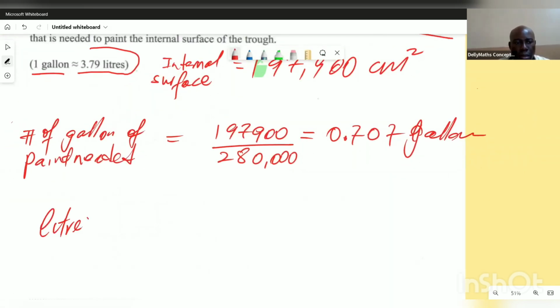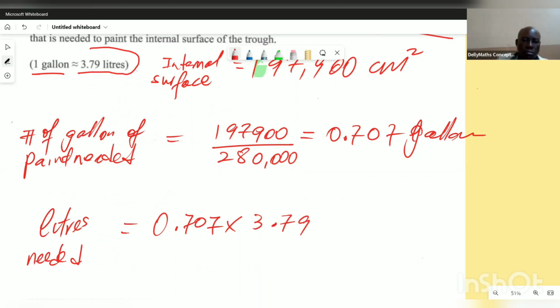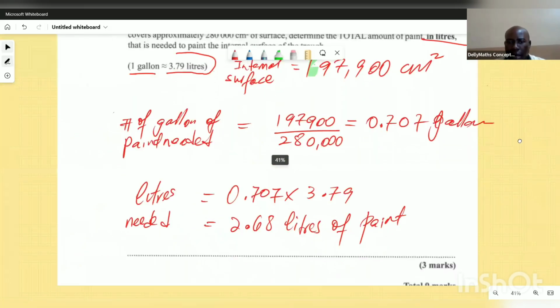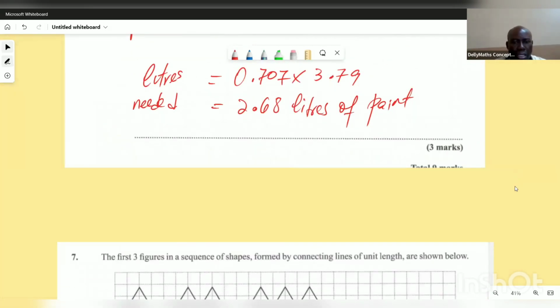The liters needed is equal to 0.707 times 3.79, which will land us 2.68 liters. I'm getting about 2.68 liters of paint he would need to paint all that internal surface right there. And that's how you go about dealing with that.